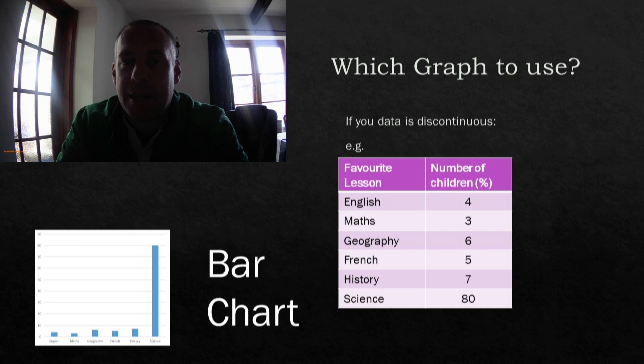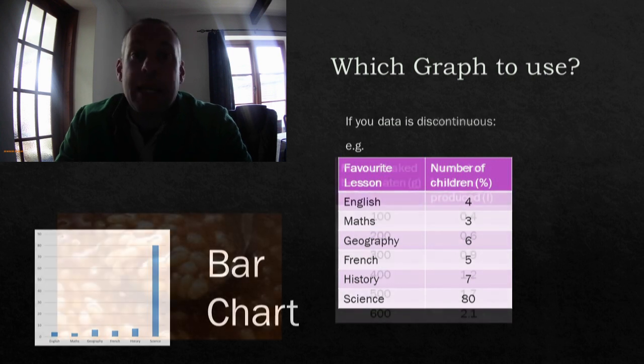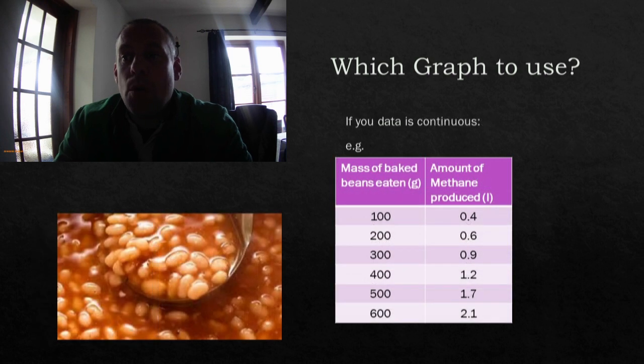It really doesn't matter. You represent the data in those shaded bars that go up, and then you match it to the number that is on the y-axis. We're going to talk about the x and y-axis in a second. So every time you've got discontinuous data, you should go for a bar chart. So with continuous data, we are looking at a line graph.